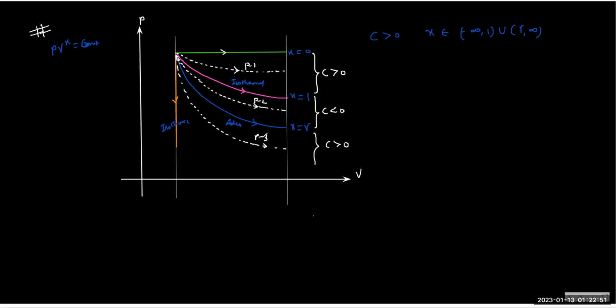Anyway, that's interesting. Now tell me, in the three processes, if you get X between 0 and 1, you're definitely going to get C positive, right? Let's say in a process temperature increases, so delta T is positive.